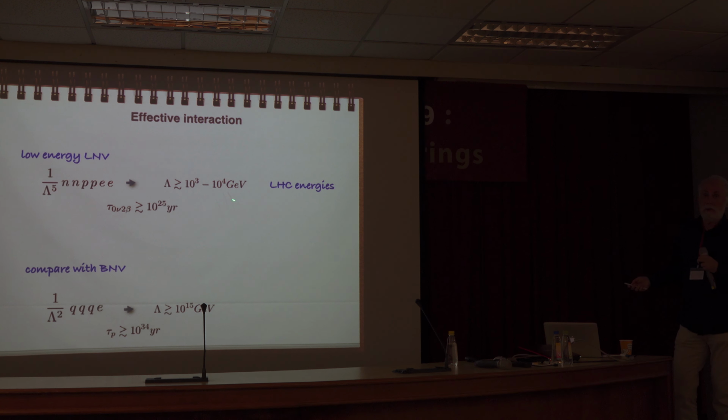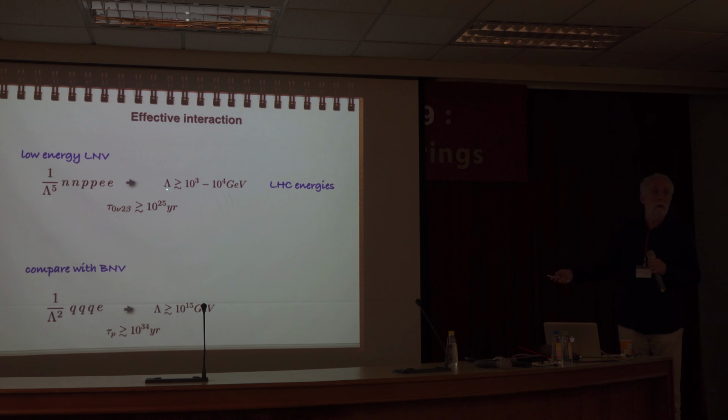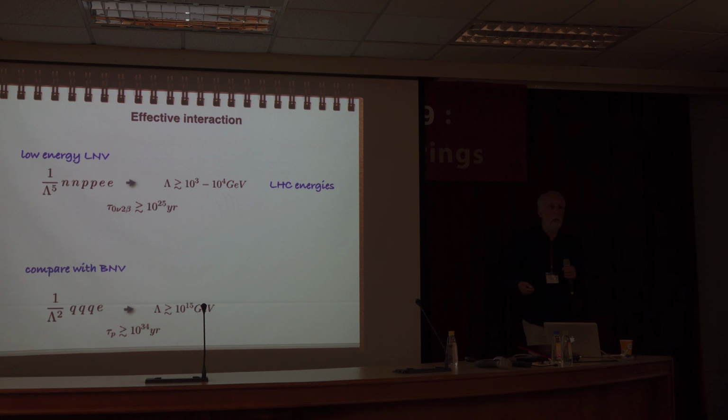But this operator's cutoff is very low. To me this is by far the best argument that there could be new physics at the LHC or the next collider. This cannot fail. If you observe neutrinoless double beta decay and you have a normal hierarchy, it's coming from here. So you better be ready. If you have another favorite model, just make sure that you study this contribution.